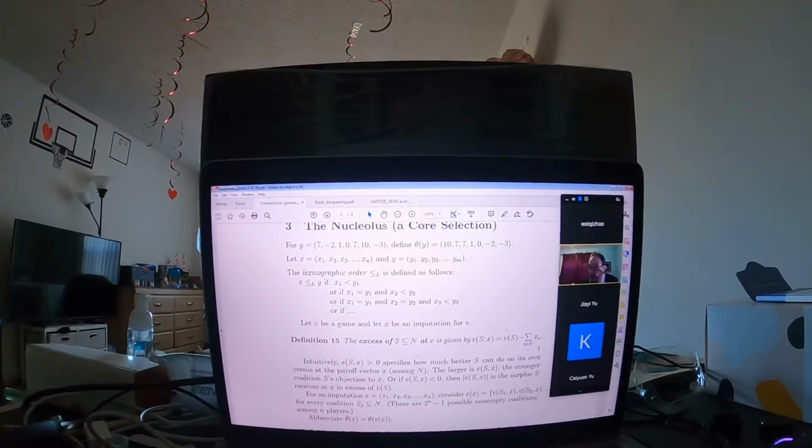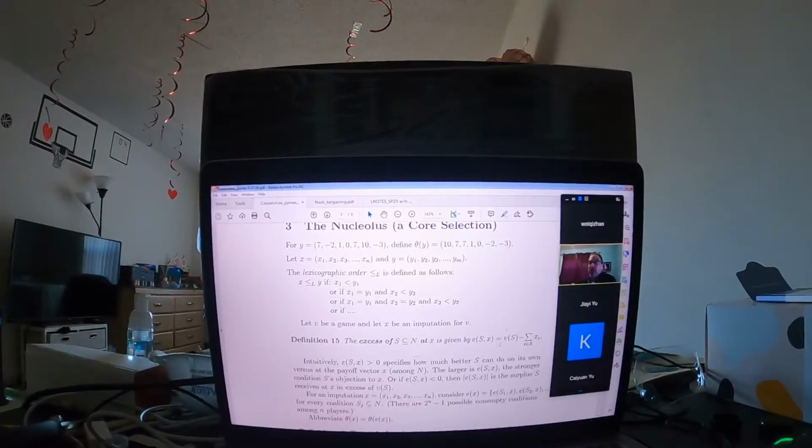Now let's look at this for a minute. If this is positive, so this is the aggregate award that the coalition S receives. This is the sum of the payoffs of the members of S at the imputation X. So this is the aggregate payoff that the coalition S receives at that imputation.